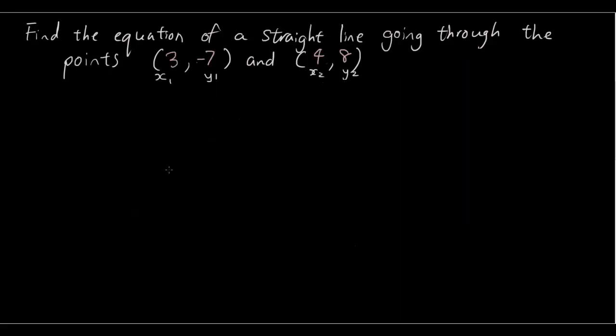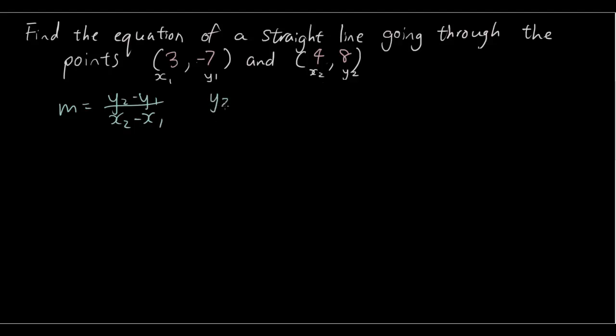Have a go at this new question and come back when you're done. Right, so the first thing we want to do is find the gradient. So the gradient is equal to y2 minus y1 over x2 minus x1.